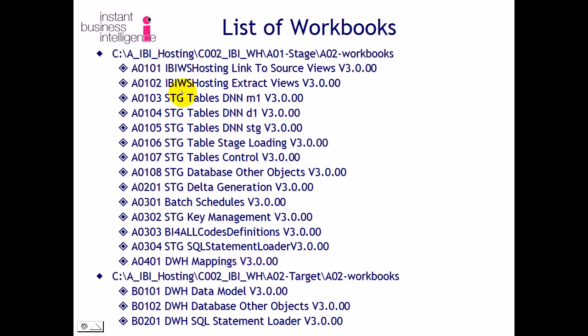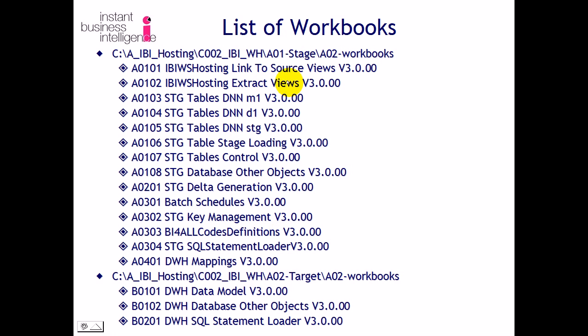So for example, there's a workbook to link to the source views. This links the staging area to the .NET Nuke database, and that's presuming that the .NET Nuke database gets delivered to the same server that the staging area is going to be on, such that it joins to that database within the server.